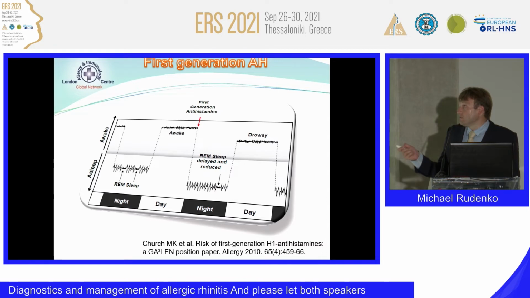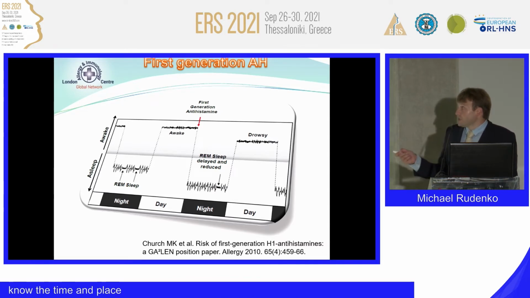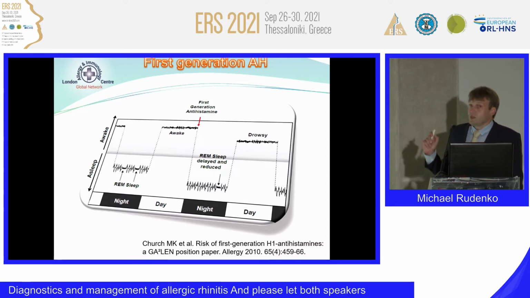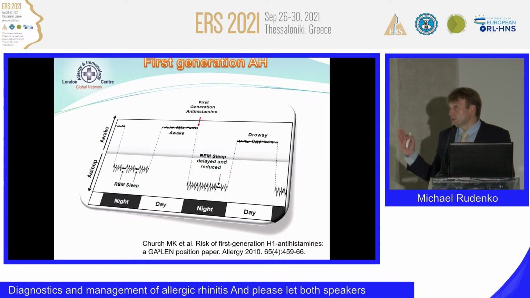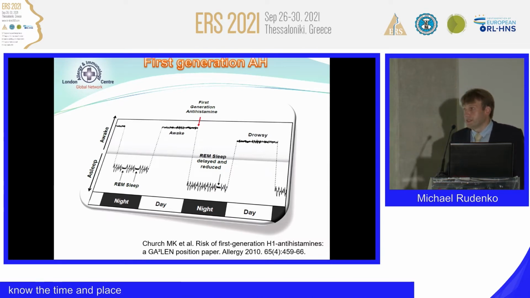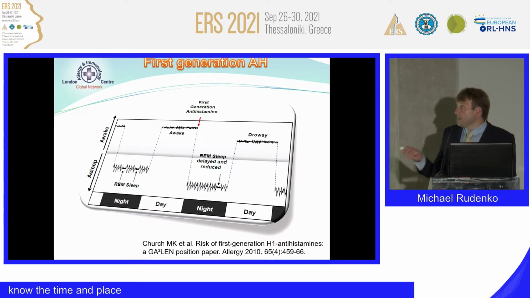And then they gave them first generation antihistamines and continued monitoring. The REM sleep was delayed and was reduced. That led to the person not being able to relax properly during the night and rest properly. So the next day they were drowsy and tired.